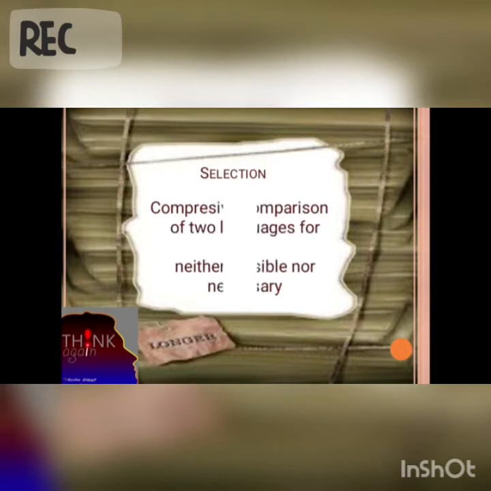Ladies and gentlemen, the first is selection. What is selection? You can see in the slide that a comprehensive comparison of two languages for pedagogical purposes is not feasible.